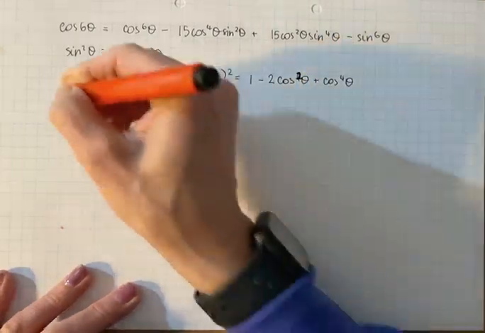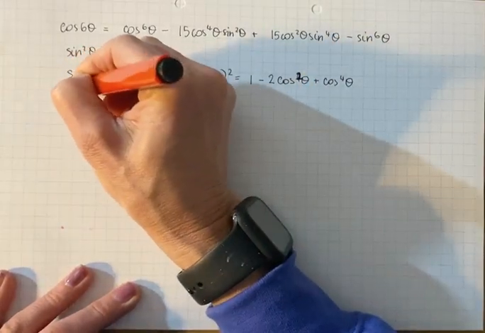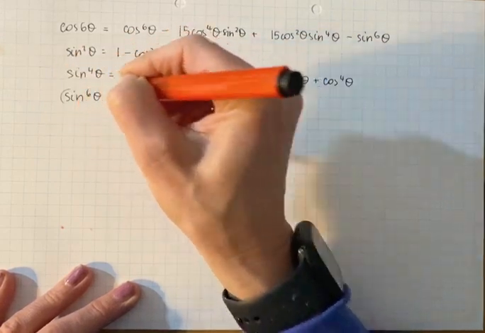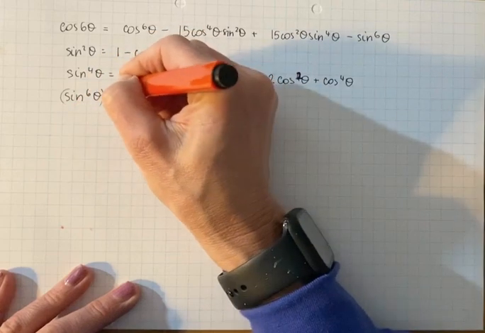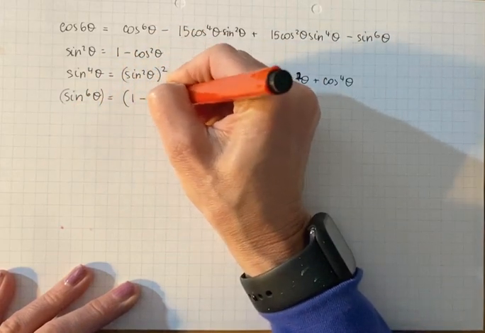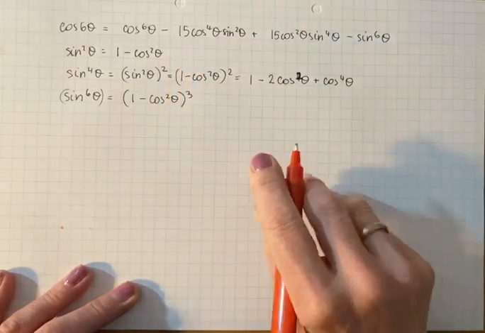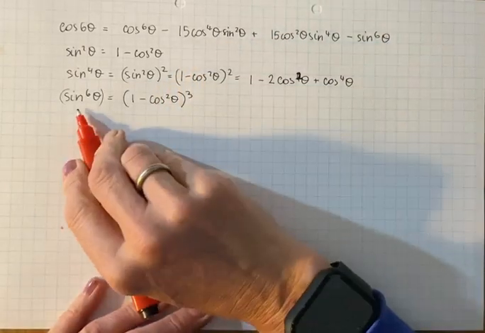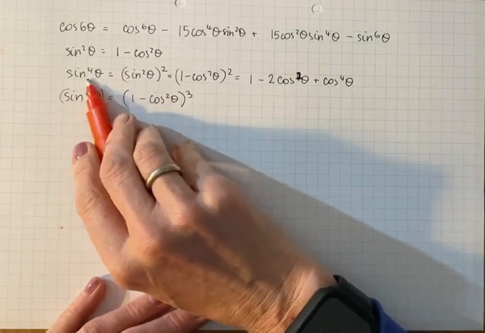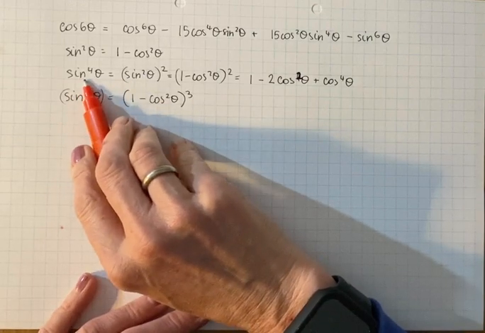And then sine to the power of 6 theta, you can write as (1 minus cos squared theta) cubed.